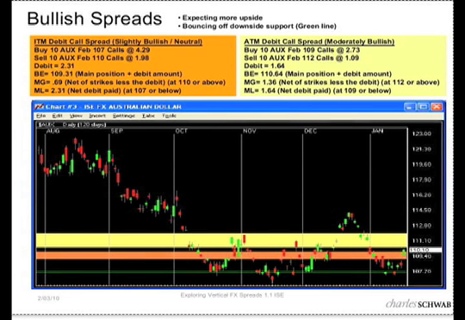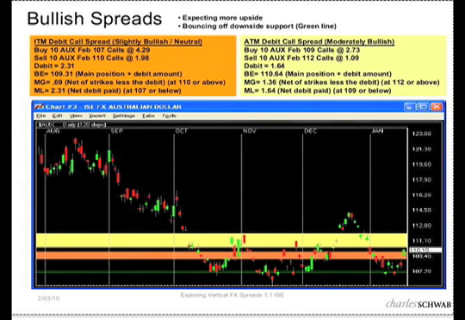Where the index is right now on its most recent candle, it's not in that zone at all. It's going to have to move 54 cents higher just to hit the bottom of that beige zone, and then it can move from 110.64 all the way up to 112. That's the beige zone. That's where I go from having a break even to hitting my max profit zone, and then anything above 112 is max profit on up.